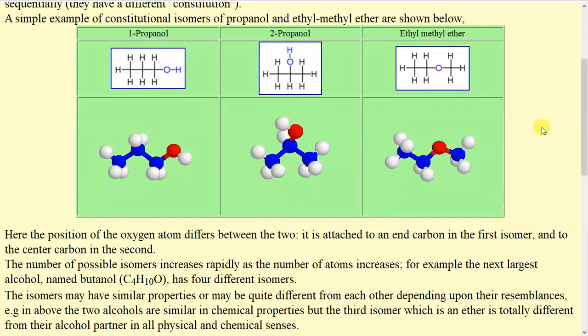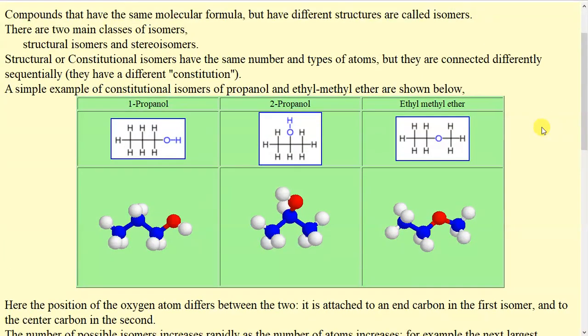Structural isomerism is a phenomenon in which the isomers differ in the connectivity of their atoms in the different molecular compounds.